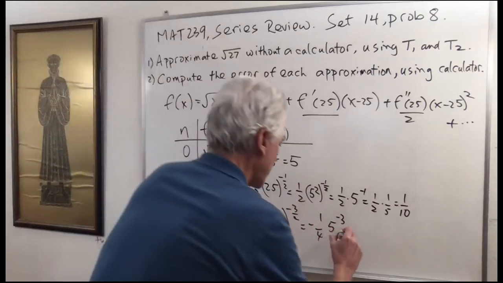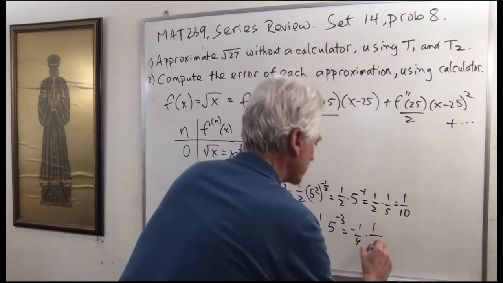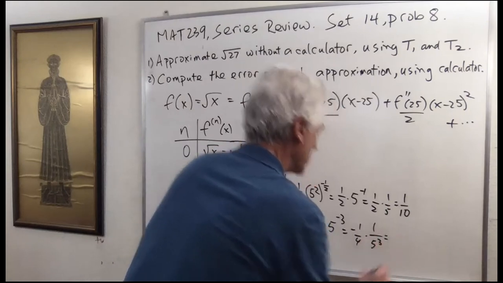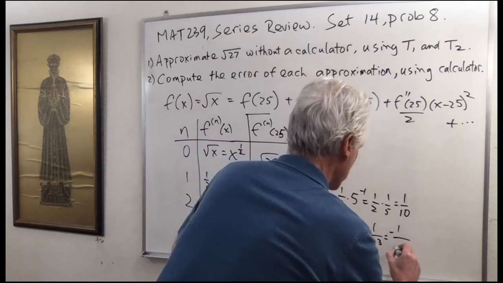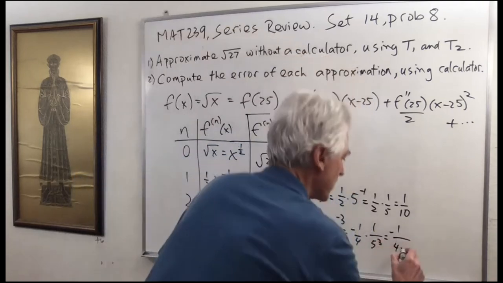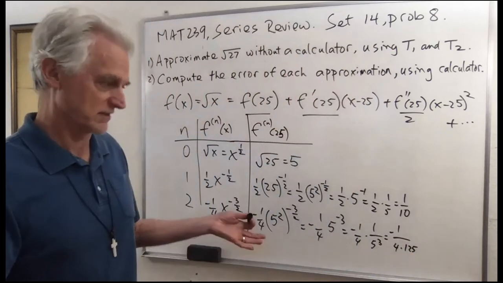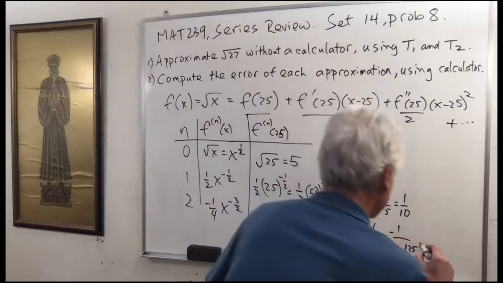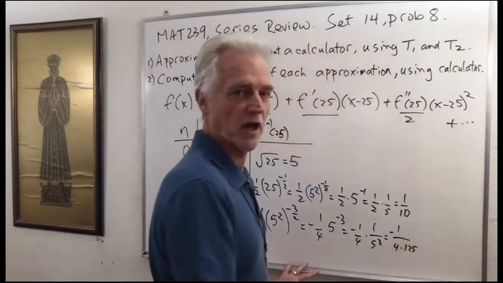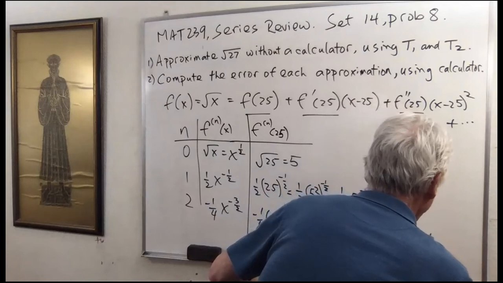That's minus a quarter times 1 over 5 cubed, which is minus 1 over 4 times 5 cubed, which is 125. 4 times 125 is 500, right? So this is minus 1 over 500.